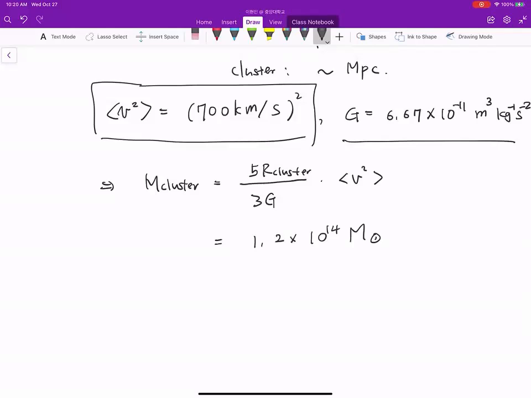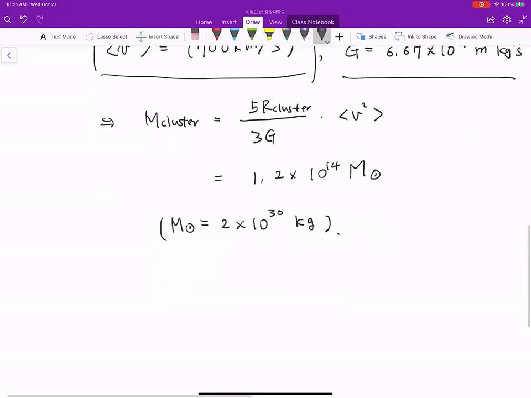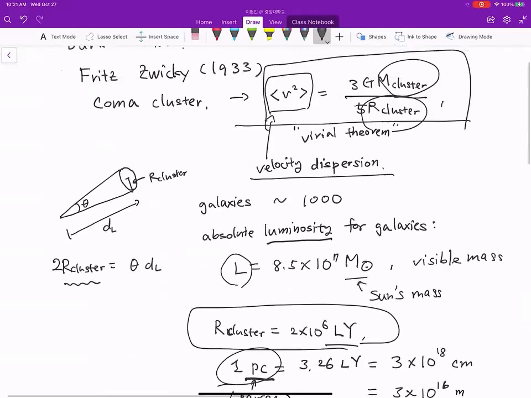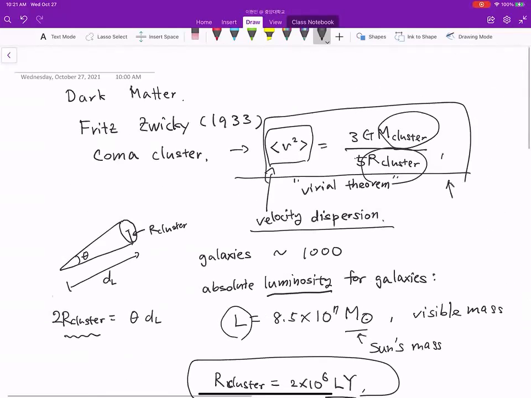about 10 to the 14 solar mass, and 1 solar mass in kilogram is twice 10 to the 30 kilogram. So you can use it to obtain this total cluster mass. But this result, the virial theorem, is for spherical symmetry.